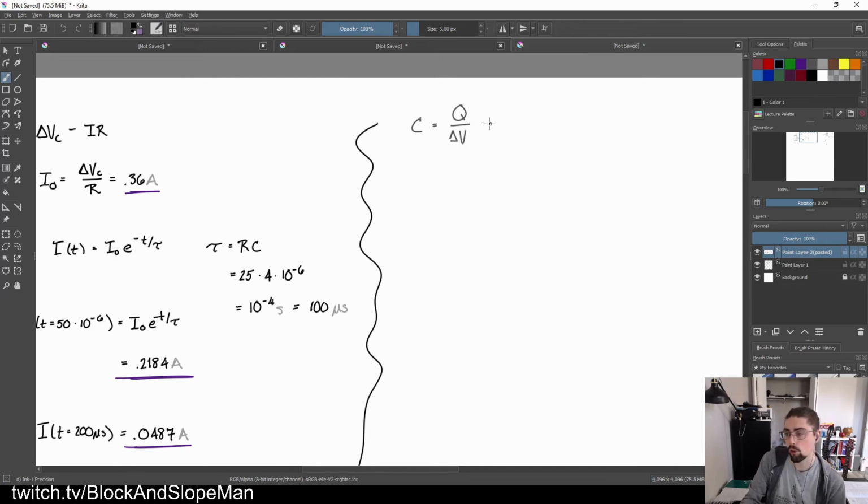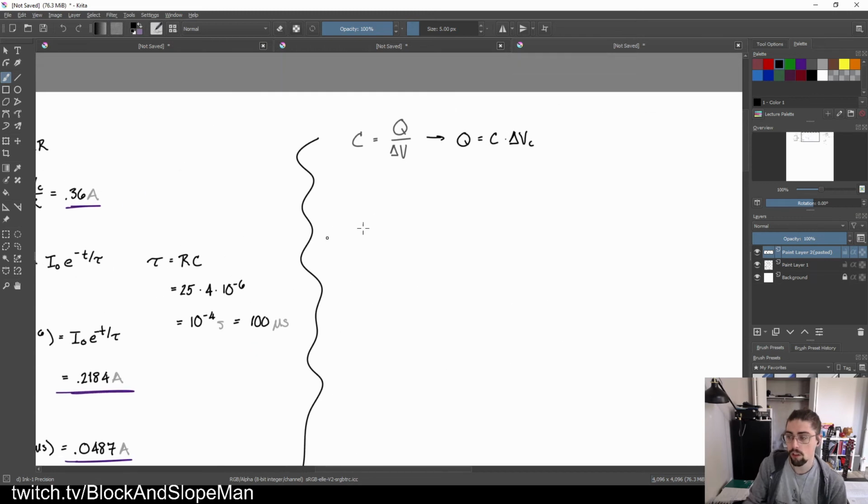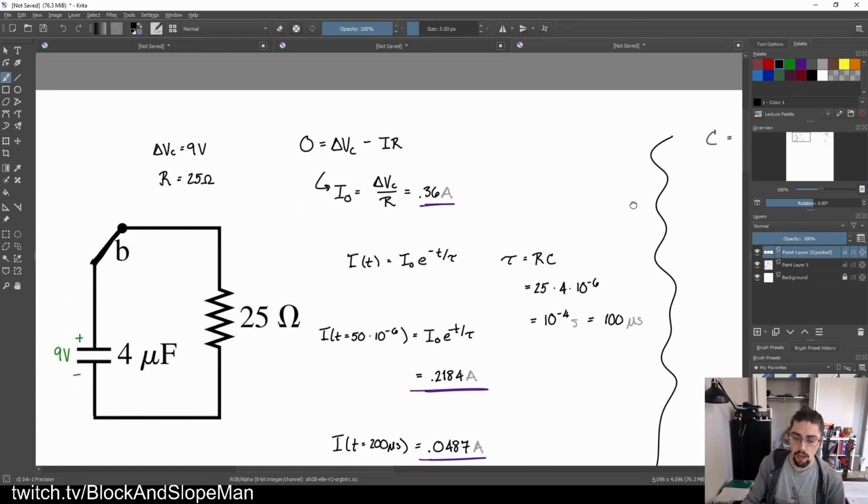So rearrange this real quick: Q is equal to C times delta V. Capacitance, 4 microfarads. Delta V, 9 volts.